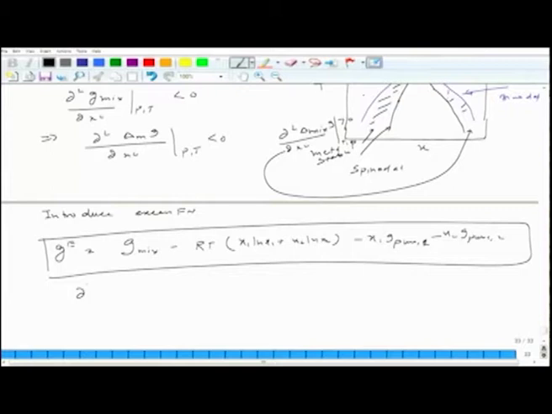I am going to take the second derivative of this. If it is unstable, then this condition will be met, isn't it? So if you use this, you can show that this condition is equivalent to this.